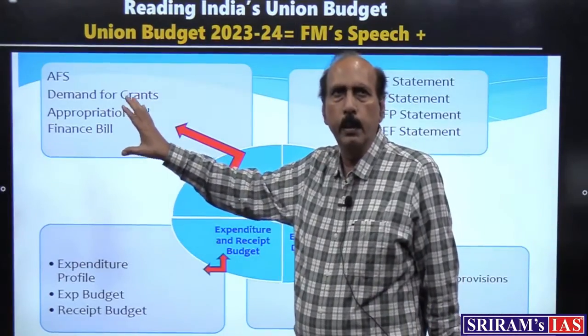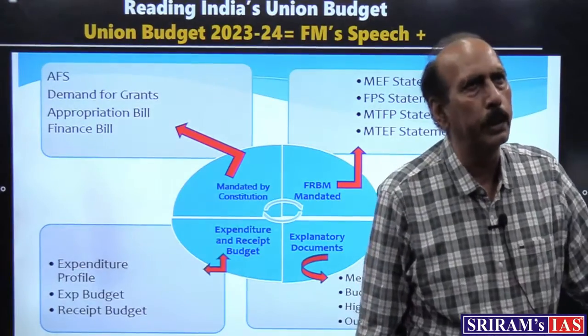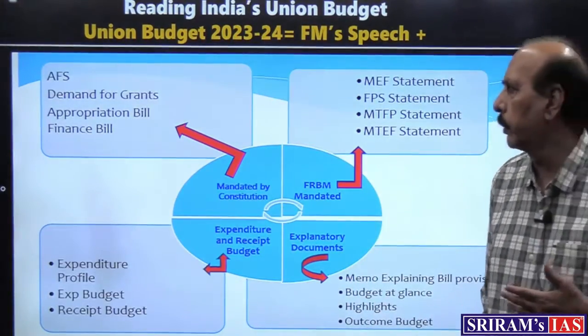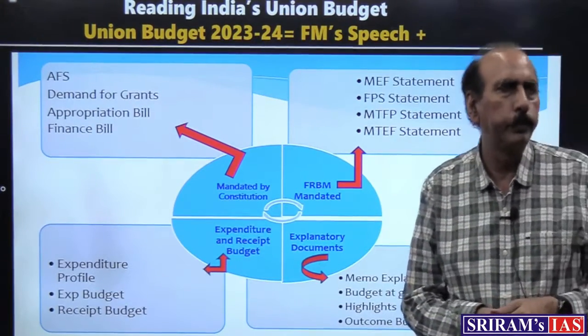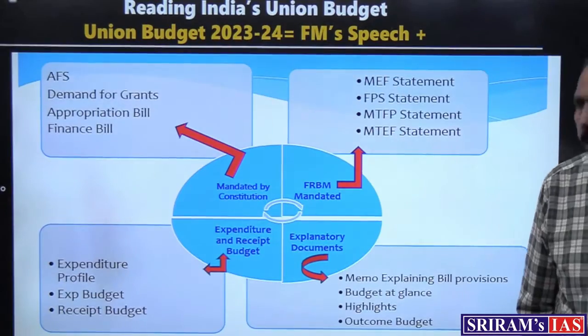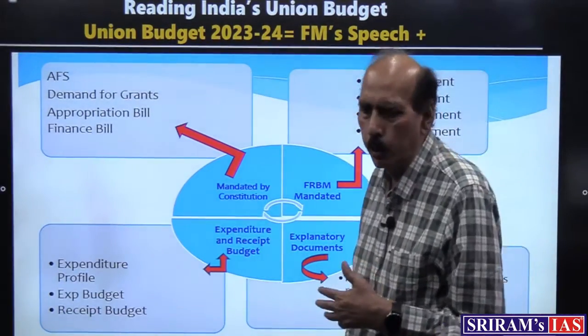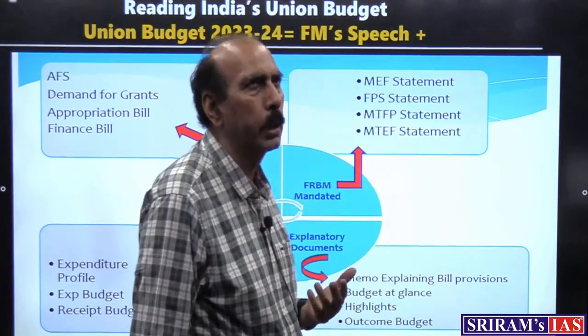These documents are mandated documents, and therefore these have to be placed in the parliament. These four documents are to be placed in the parliament as per the requirement of the FRBM. As you know, the FRBM Act was enacted by the government in 2003.